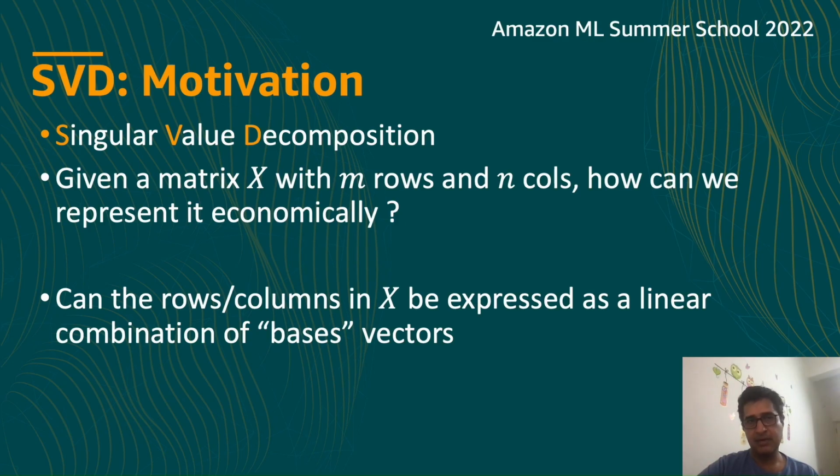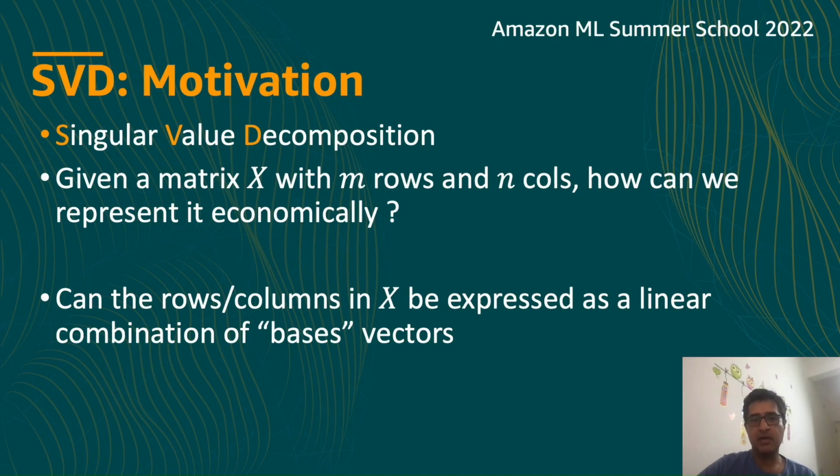Now this matrix X with m rows and n columns can originate from a variety of sources. It could be, for example, the link graph between various URLs, or the graph between various users at Amazon and various products at Amazon, and so on and so forth. Okay, so the question being asked is, can the rows and columns of X be expressed as a linear combination of certain basis vectors?